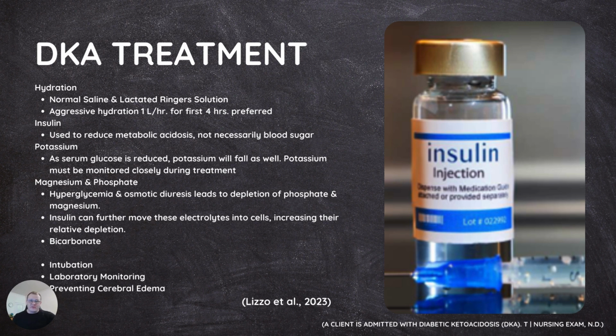The other very real consideration is with the intubation there. If you've got somebody in DKA that is breathing 30 plus times a minute, and they're taking in volumes of 6, 7, 800 milliliters per breath, their minute volume is enormous.